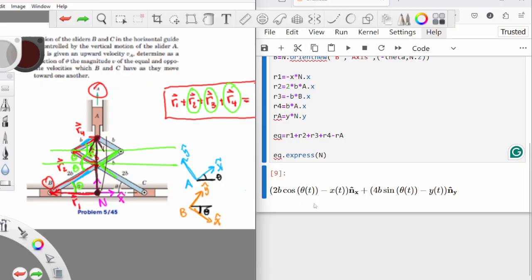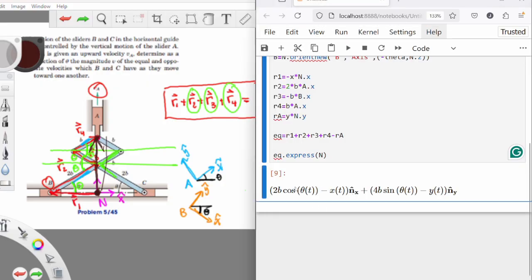So all the components, both the x-axis component and the y-axis component, must be equal to 0. That means that from the first expression, the component in x, we can find an expression that relates theta with x. And from the second one, we can have an expression that relates y with theta.